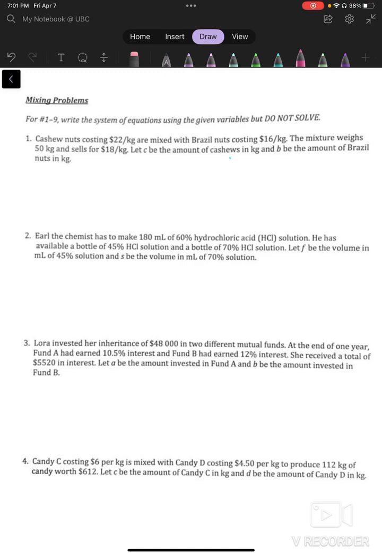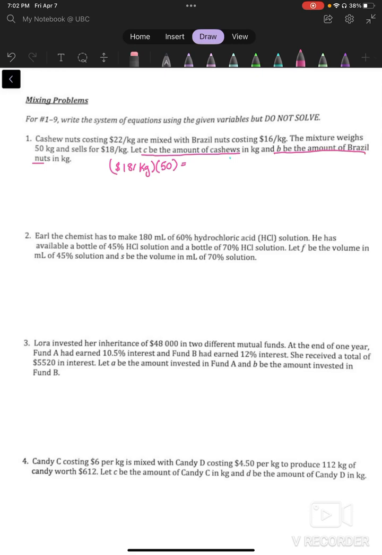Let C be the amount of cashews and B be the amount of Brazil nuts in kilos. So the first thing I'm going to do is find how much the entire mixture costs. So it's telling you that it's $18 per kilo, and it weighs 50 kilograms total.